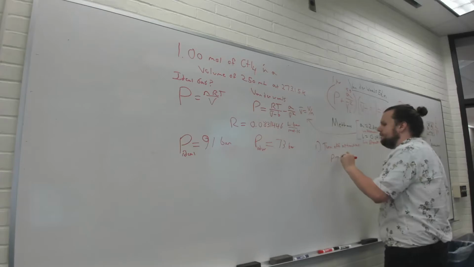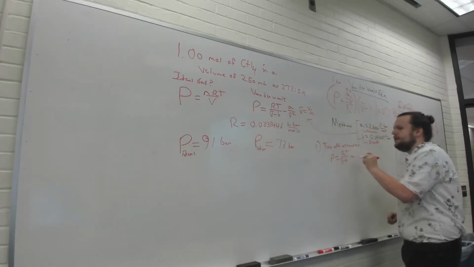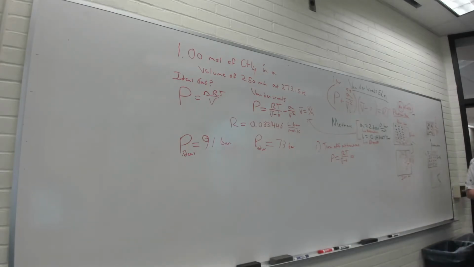So that's P equals RT over V bar minus b. Someone want to give me that number? 110.